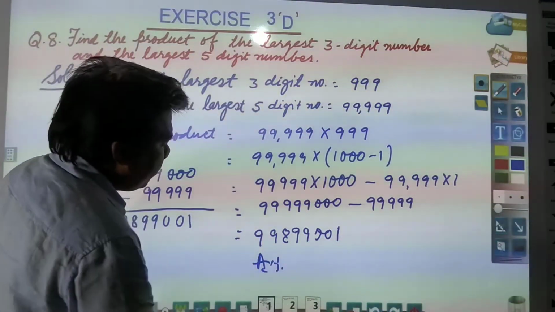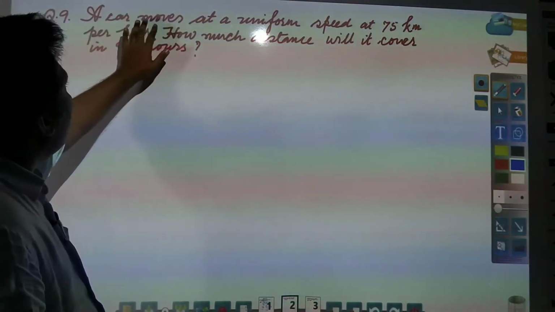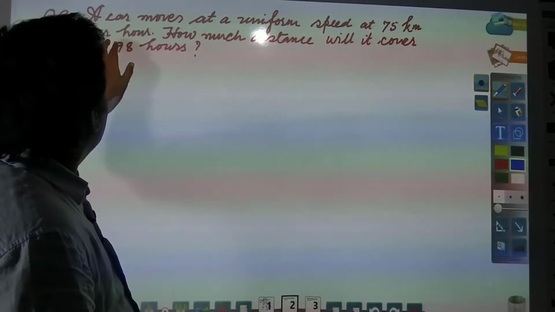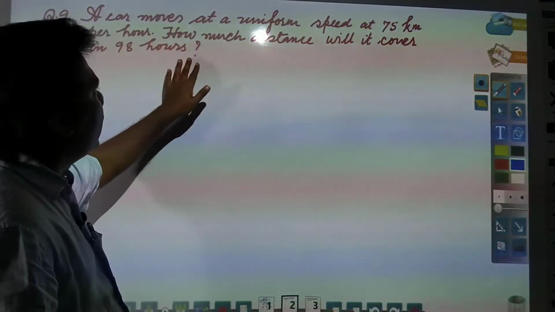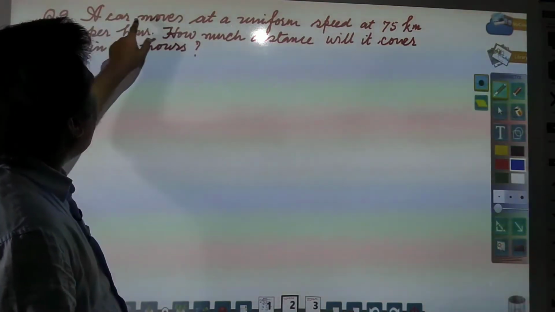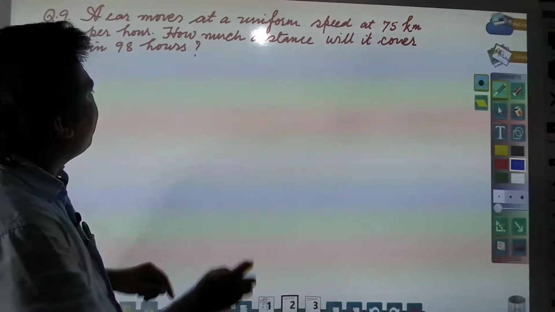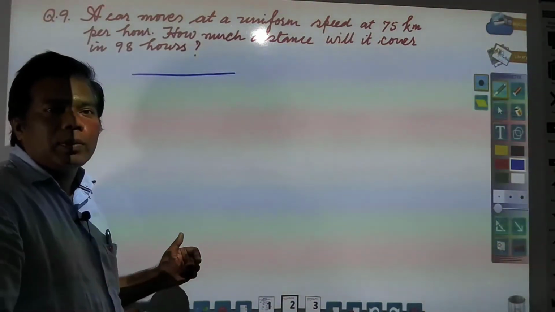Next question: a car moves at a uniform speed of 75 km per hour. How much distance will it cover in 98 hours? Uniform speed means without changing speed.